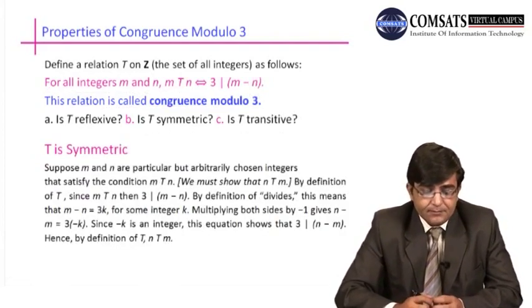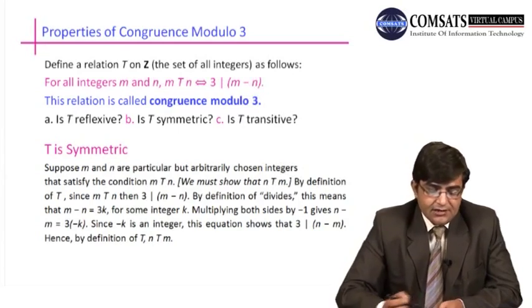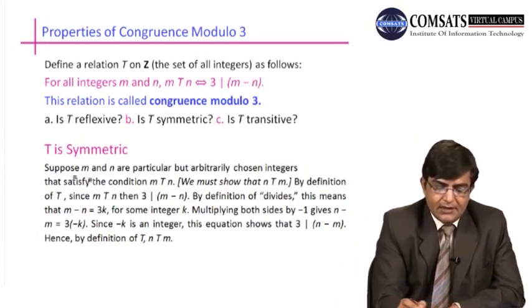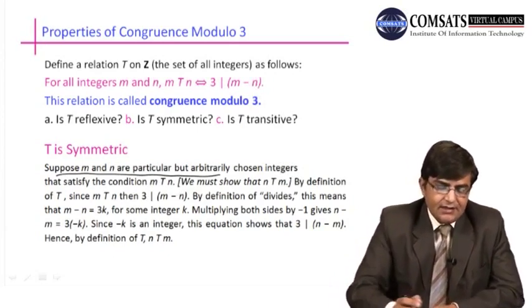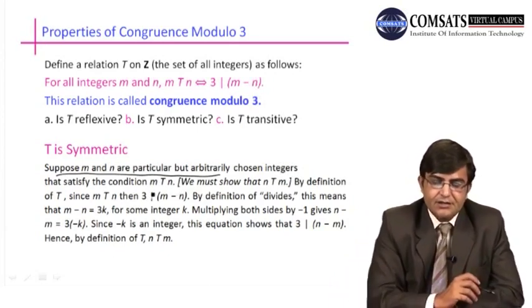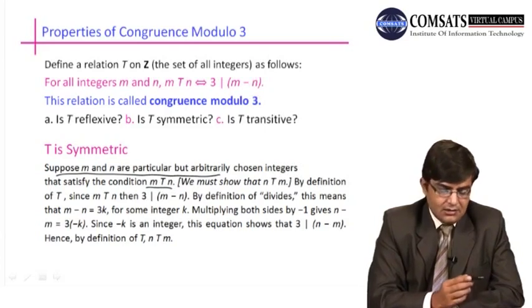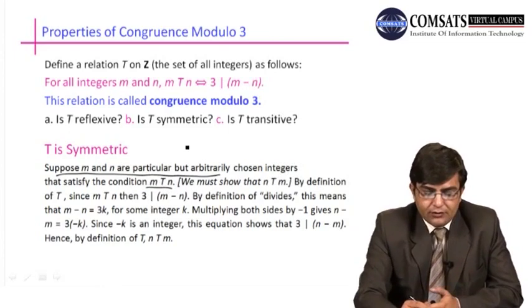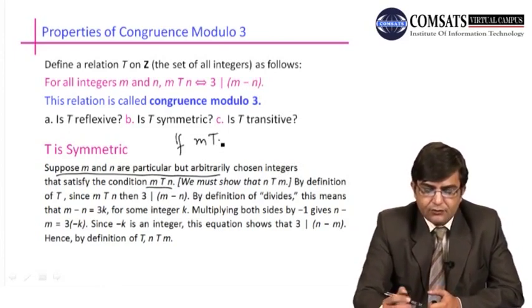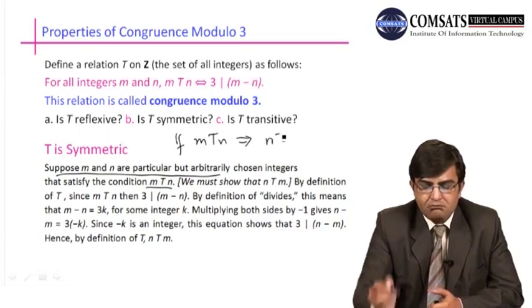T is symmetric also. Suppose m and n are particular but arbitrarily chosen integers that satisfy the condition that m is related to n under the relation T. To prove symmetry, we have to prove that n must be related to m.